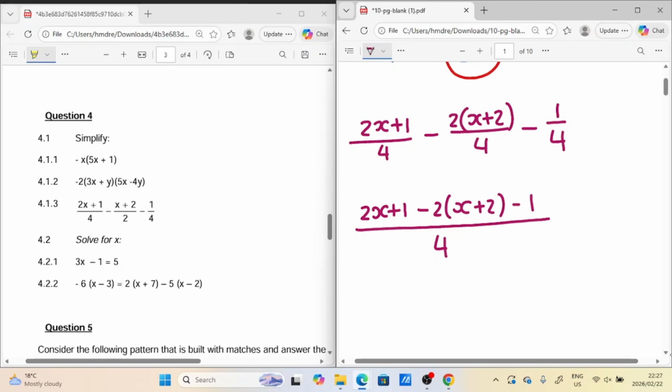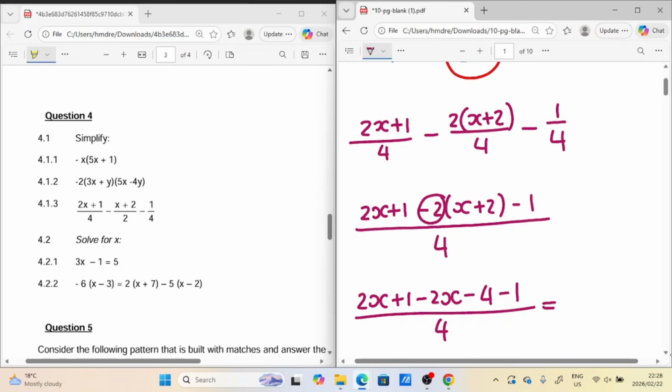Then we need to multiply this bracket out. So we're going to get 2x plus 1. This bracket is going to be minus 2 times x. It's going to be minus 2x. Minus 2 times 2 is going to be minus 4. And then minus 1 over 4.